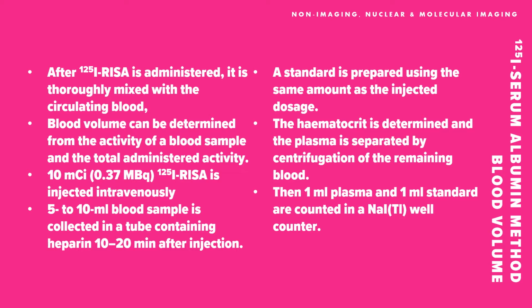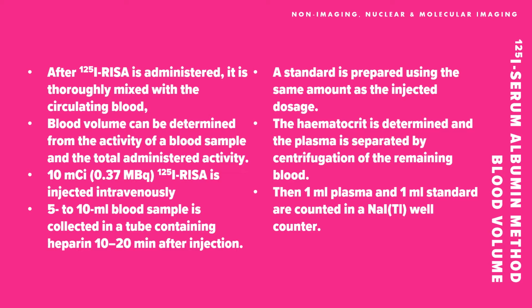You administer it to the patient, and then you allow that tracer to mix with your blood, recirculating throughout the blood. Afterwards, you determine the blood volume from the radioactivity in the blood sample and the total administered activity. So that's the simple concept.